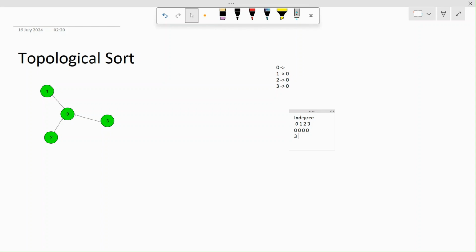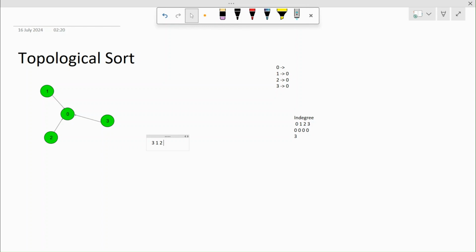One thing to note here is that if these three have no in degree, then the answer can be multiple. If three vertices, or tasks, have in degree 0, it means they have no dependency on other tasks, and any one can be completed first. You can complete first, then third, then second, or you can complete third, then first, then second, right?